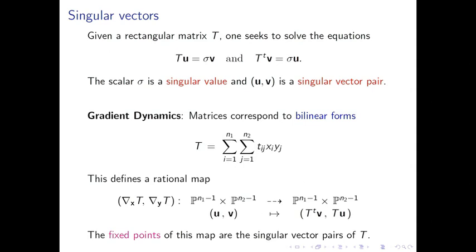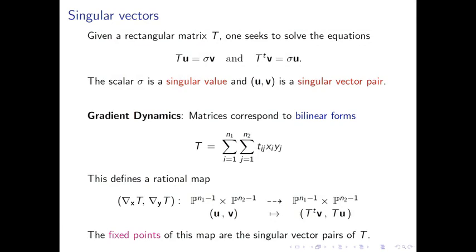What are matrices good for? Well, matrices are good for many things. In particular, they represent bilinear forms. Symmetric matrices represent quadratic forms. Rectangular matrices represent bilinear forms. So my matrix here, if it's an n1 by n2 matrix, represents a bilinear form in two groups of variables, the x's and the y's.